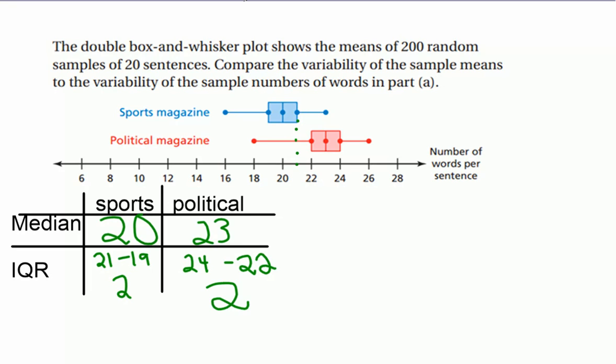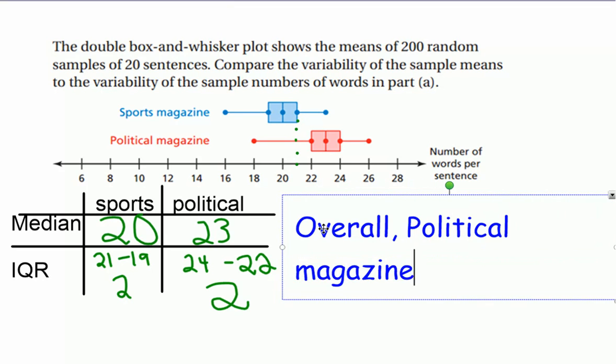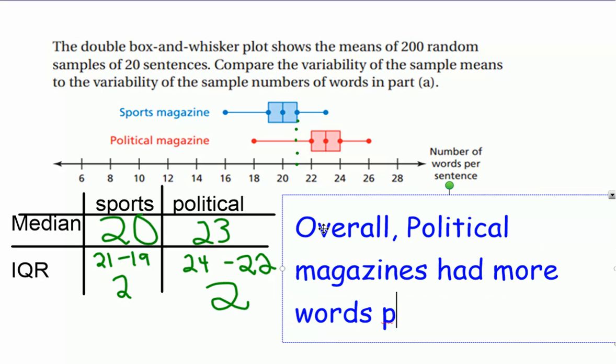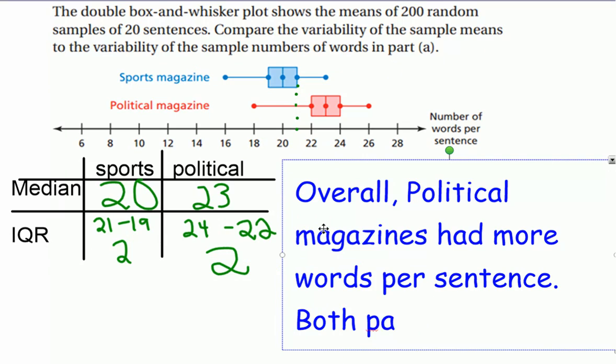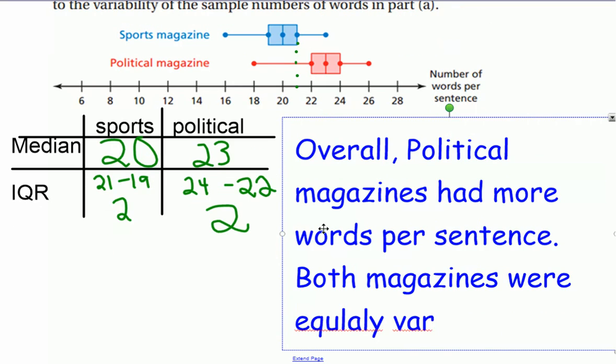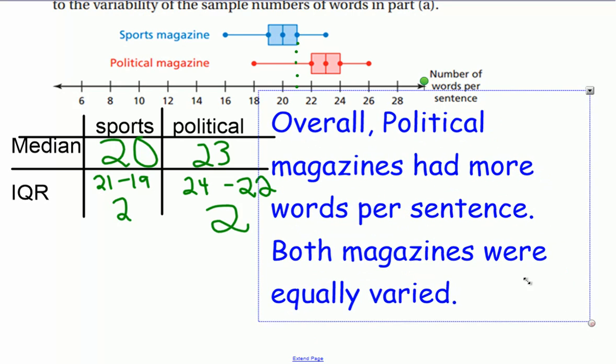So just like we had our example one, overall, we will say political magazines had more words per sentence. Both magazines were equally varied. Again, I'm going to shrink this a little bit so you guys can see it.